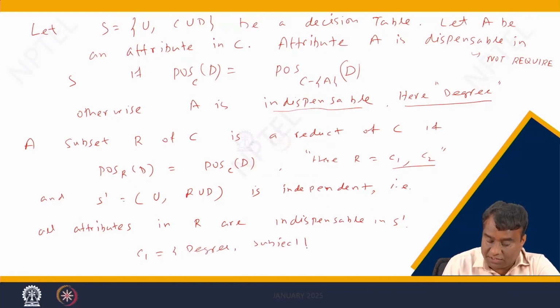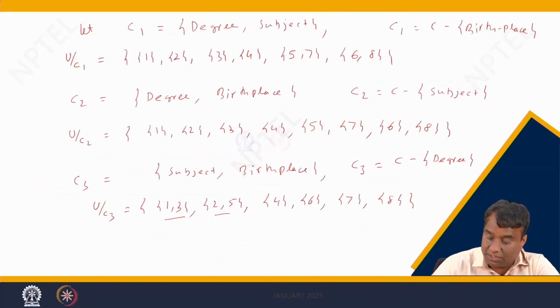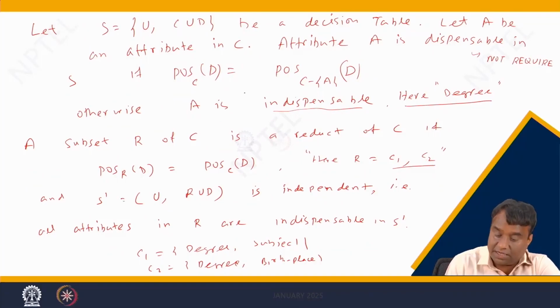You can check it. C2 means degree and birthplace, C1 is that, and C3 is not that.